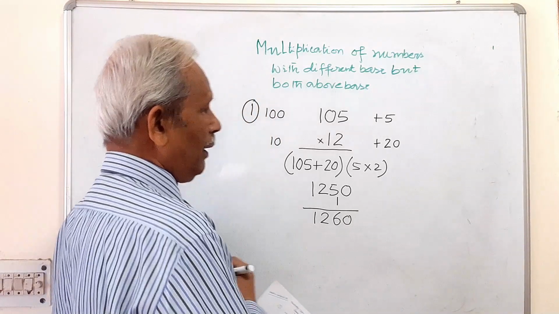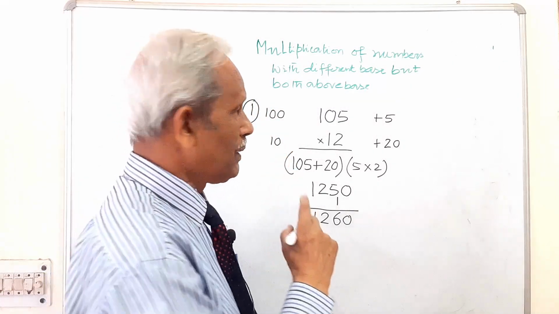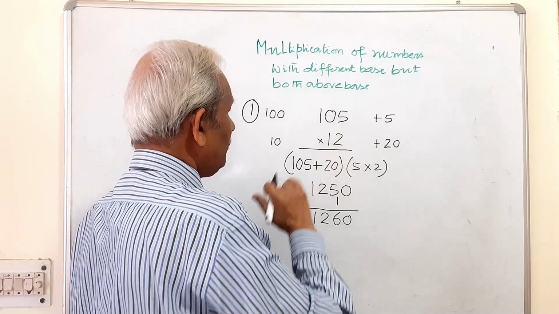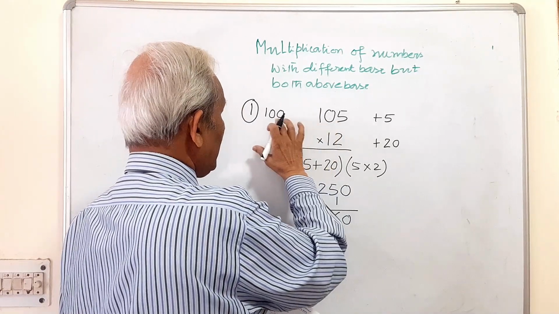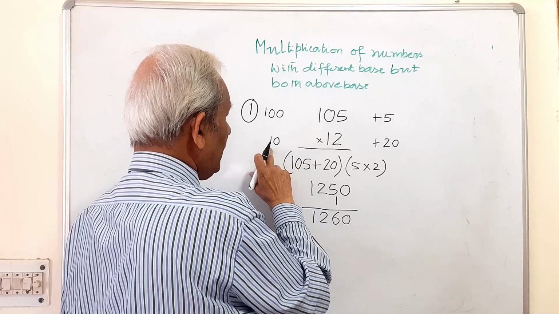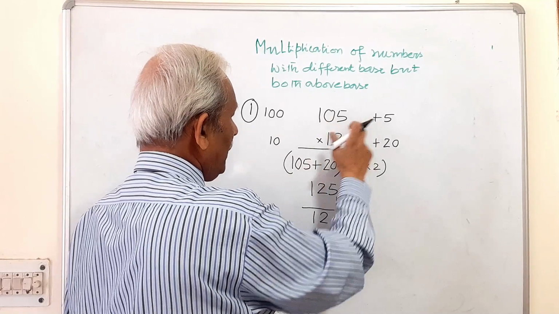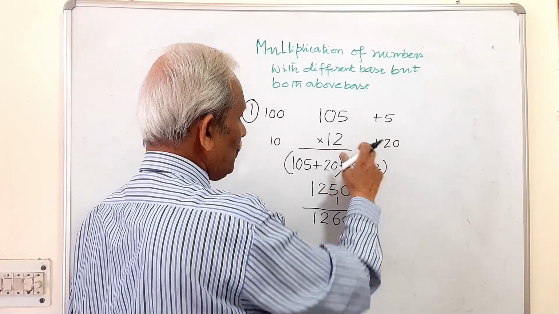That is the answer. I hope you have followed it. I'll repeat it once again. We have to multiply 105 into 12. They have got different bases. It has got 100 base, it has got 10 base. The difference, number minus base, is plus 5, number minus base is plus 2.